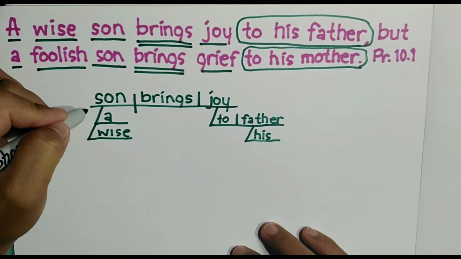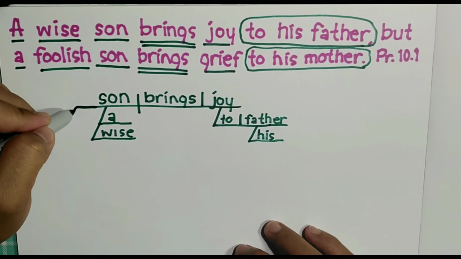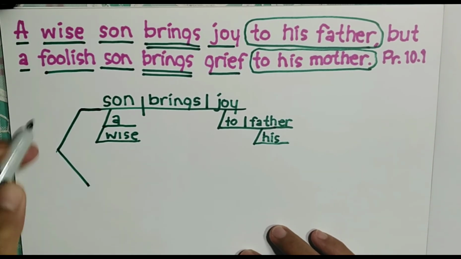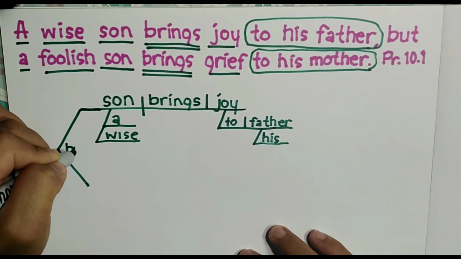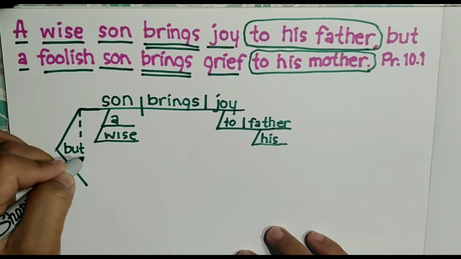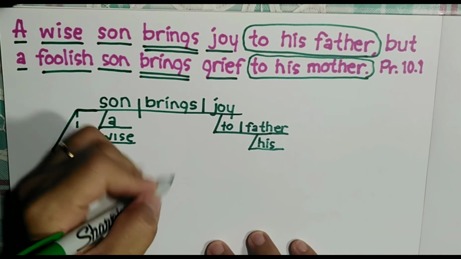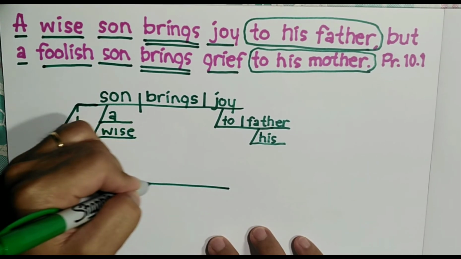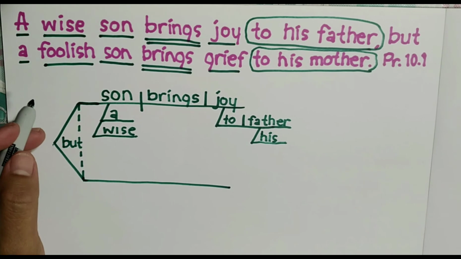Now we have the but. So I will put but here. And then I will create another line. Okay. For the second line, what's the subject? Okay.